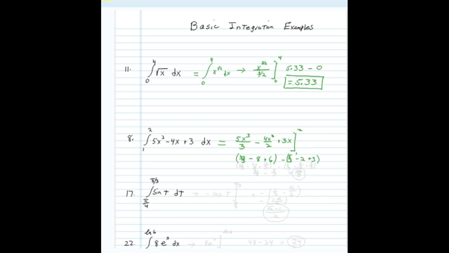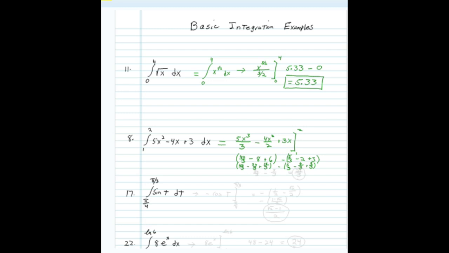Okay, so we'll need to clean all that up. What we'll get here is, we could say 40/3 minus 24/3 plus 18/3. Could do it that way if you'd like. All right, and then we have minus 5/3 minus, this is 6/3 plus 9/3. So we got lots of thirds here.